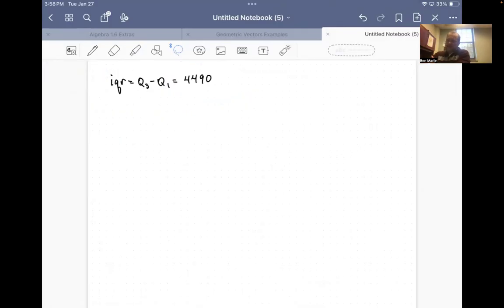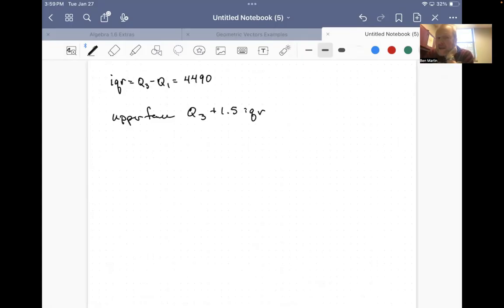So what we do is to construct these things called an upper and lower fence. Okay. And so for your upper fence, you will take Q3 and add 1.5 times the IQR. Okay. Anything that is outside the upper fence is going to be an outlier.